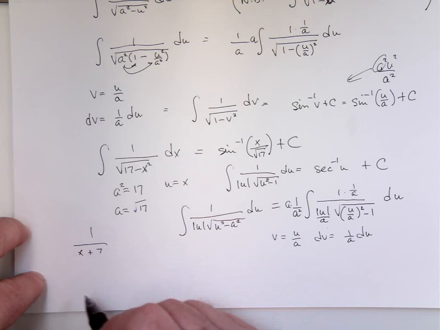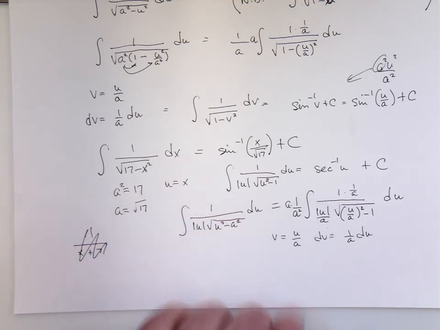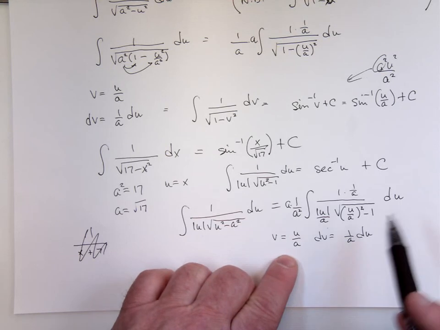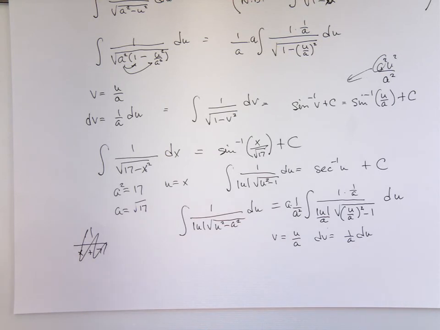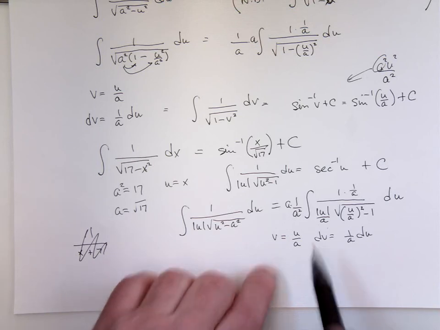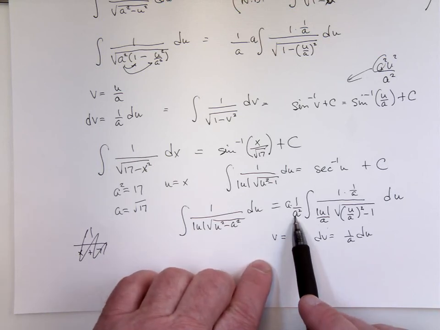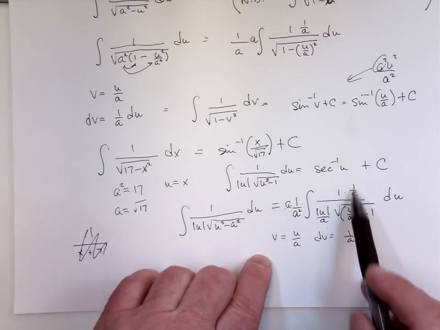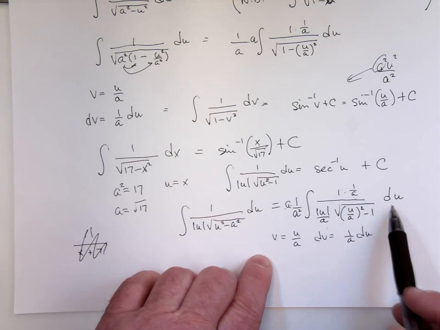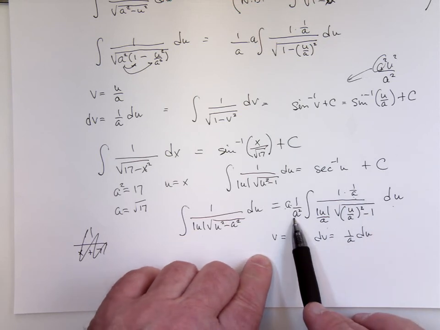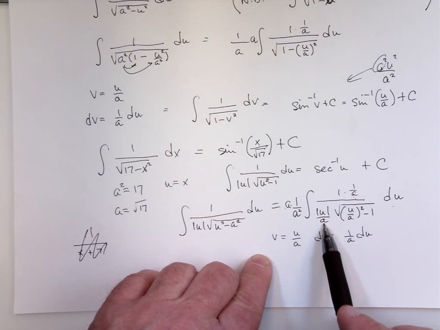Did you factor out an a squared? I factored out an a squared as an a when it came out of the square root. That's one of these. This a comes about because I had to multiply by 1 over a to get my dv. But I have another a down here because I had to divide this by a so I could replace this thing by v as well.